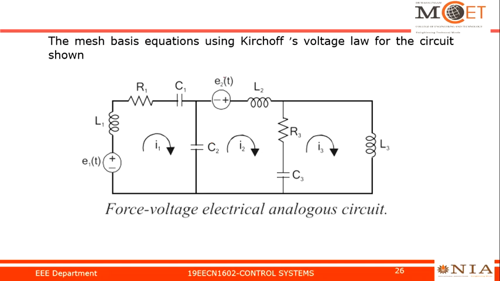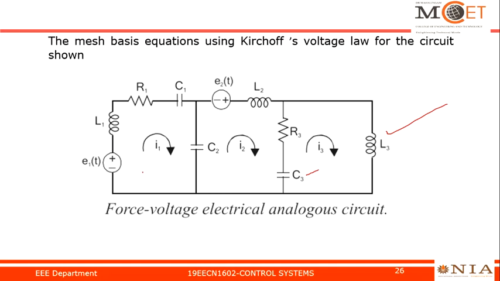In my second mesh I have another force, which becomes a voltage, E2 of t, and there is one mass, that is L2. Between mesh 2 and mesh 3, that is node 2 and node 3, there are two elements in common, B3 that is R3 and K3 that becomes 1 by C3, and with mesh 3 I have one element, mass L3.